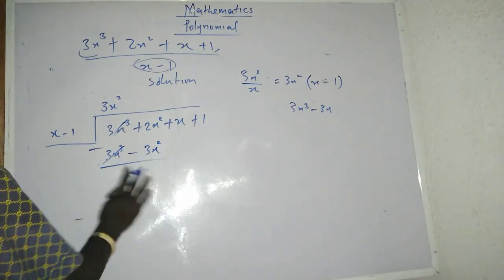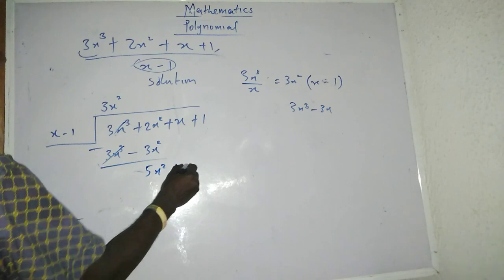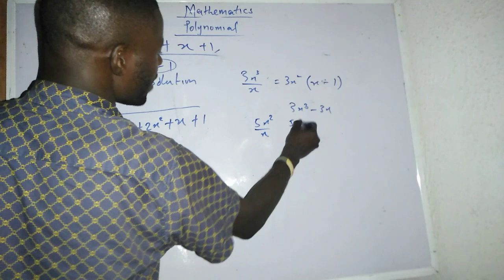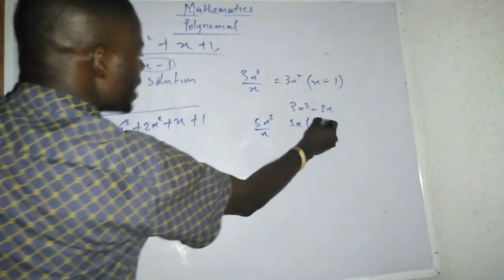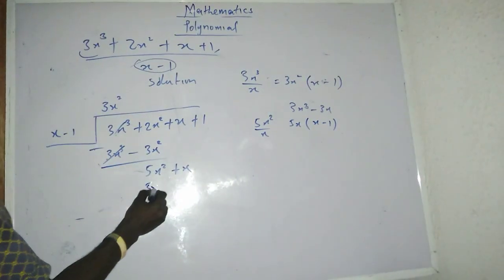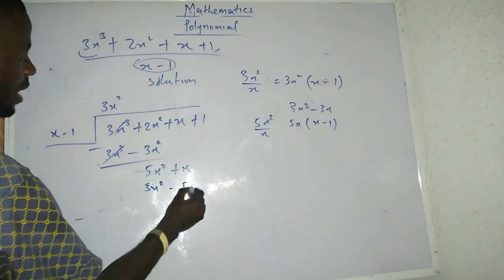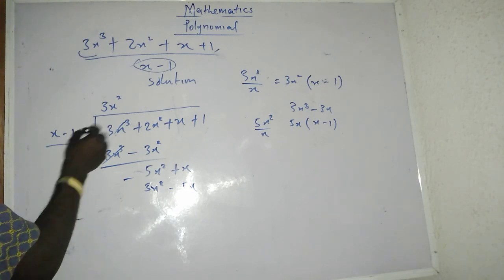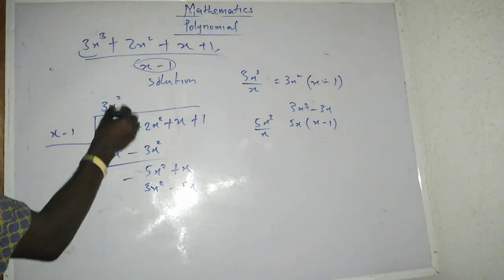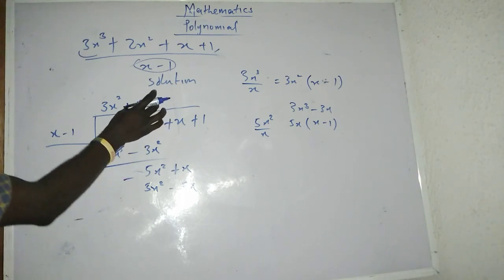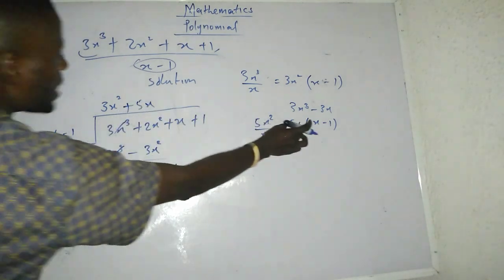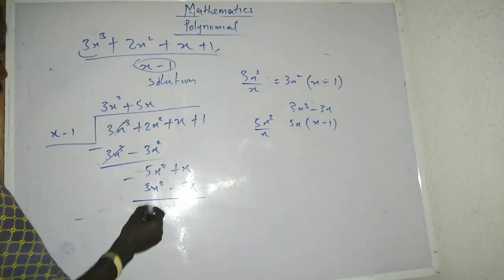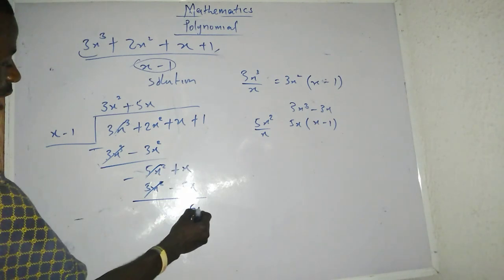When minus, I have 5x squared. 5x squared divided by x, which I have 5x, multiplied by x minus 1, which I have 5x squared minus 5x. When I do minus, I have plus 5x. Now, this one will cancel out, which I have 6x.